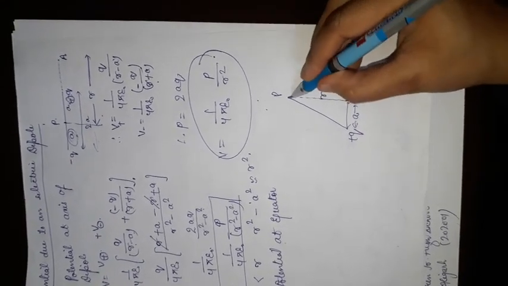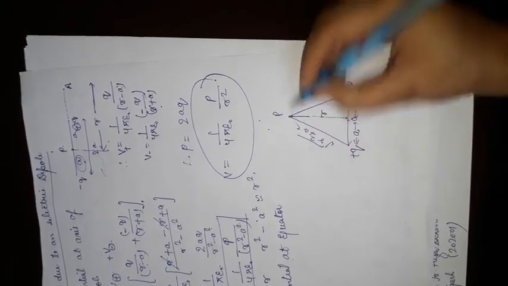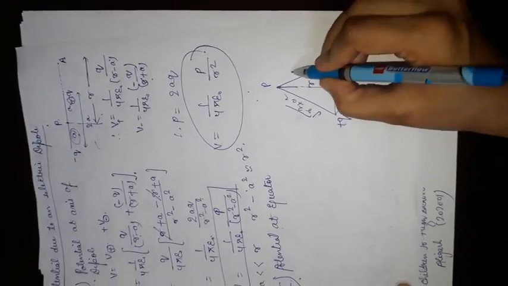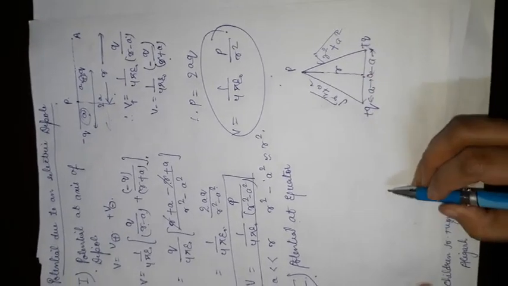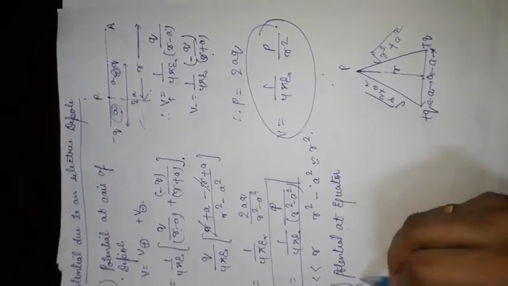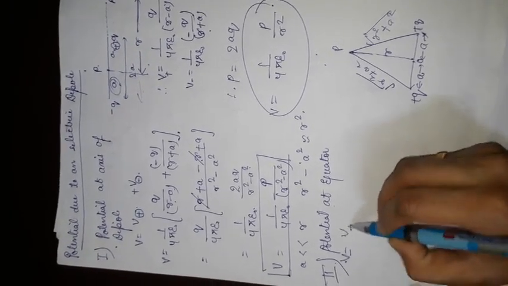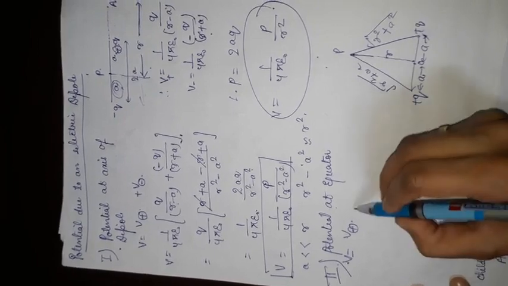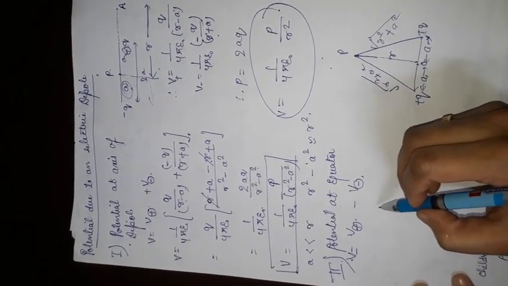So by Pythagoras theorem, it will become R square plus A square, and it will also be the same by Pythagoras theorem, R square plus A square. So V is equal to potential due to positive charge minus potential due to negative charge.